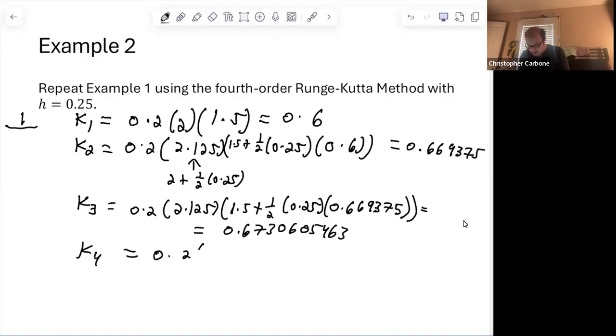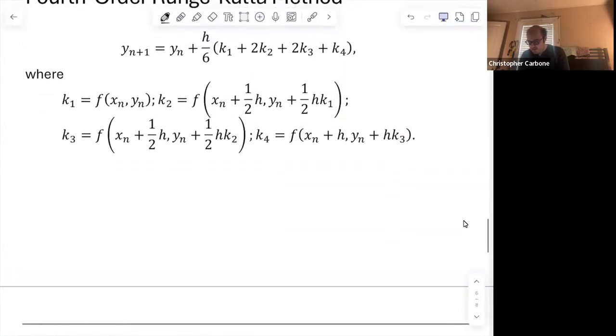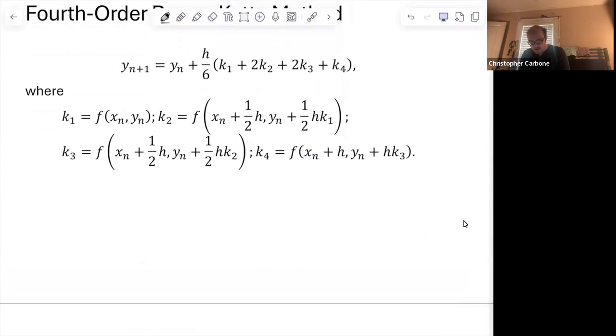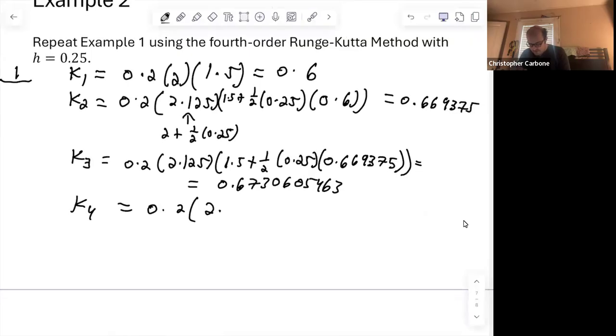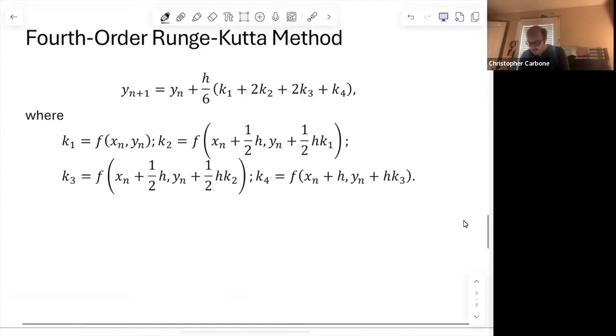And k sub 4 would be 0.2 times, based upon our formula now, this would be just up to h without dividing in half. So the 2 previous ones did that by 1/2. This would be 2.25 now because of that. Times 1.5, and again, this one is plus h times k sub 3.